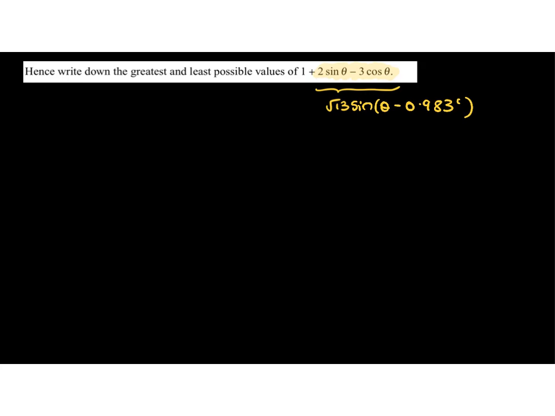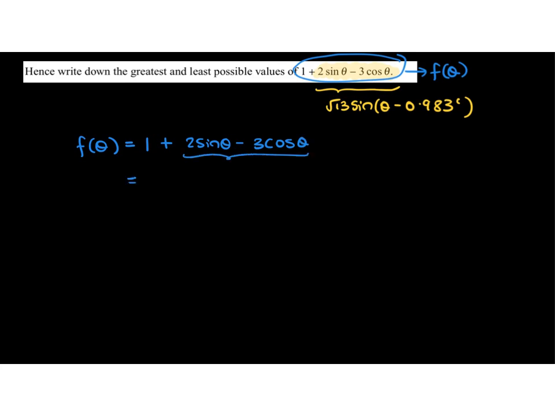So overall, if this is a function of theta, this is f of theta, all of this, we can say that f of theta is equal to 1, and instead of plus 2 sine theta minus 3 cos theta, we can say that f of theta is 1 plus root 13 sine theta minus 0.983.